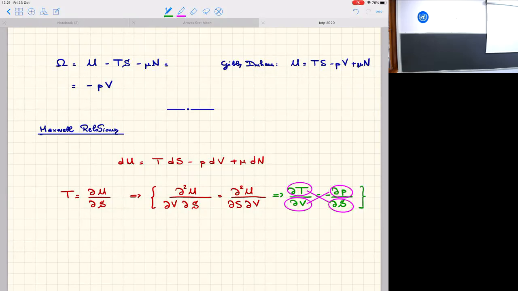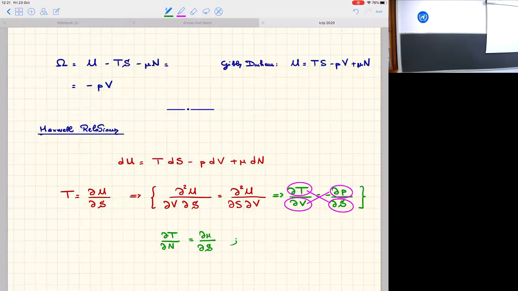And similarly, if you go through it, you will be able to show that dT/dN is equal to what? Let's see who guesses. Without doing the calculation, what should be on the other side? d mu/dS, perfect.